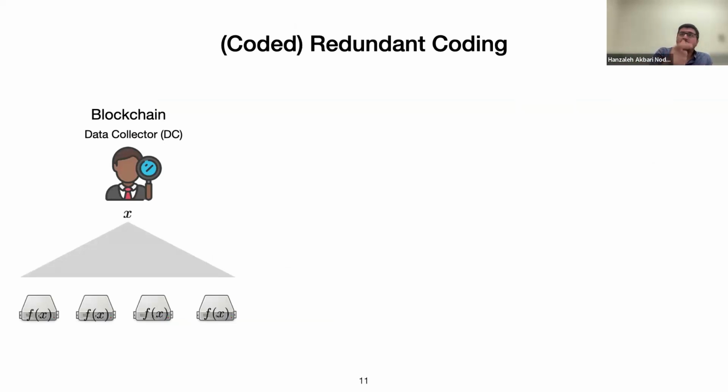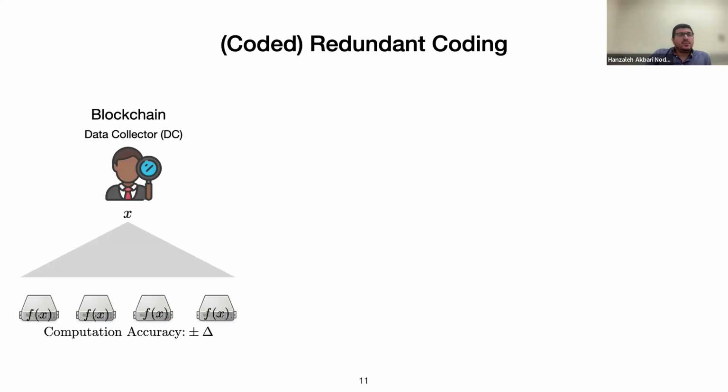So the data collector sends this value of x to all of these computing nodes, and they independently calculate f of x. They don't provide any proof that they've done everything in the right way. They just calculate the computation and send it back to the data collector.